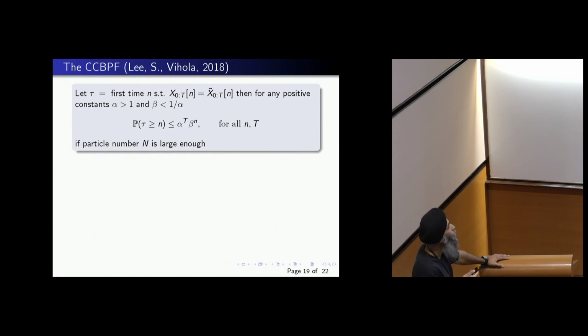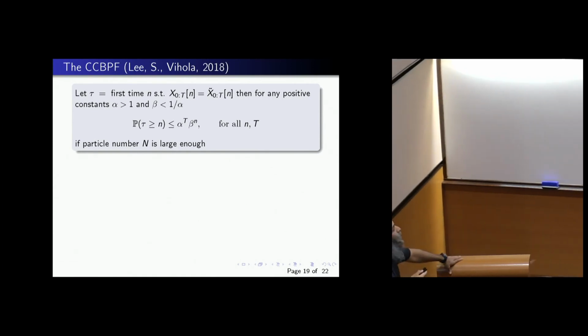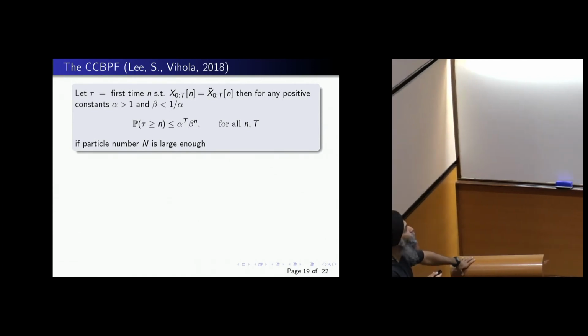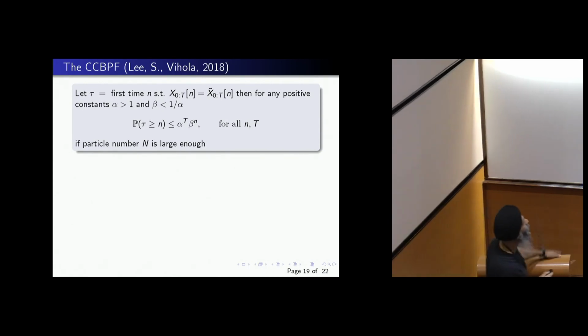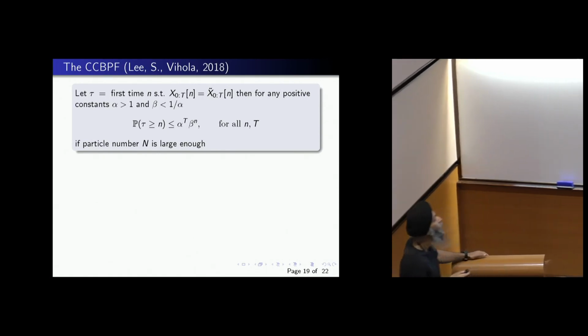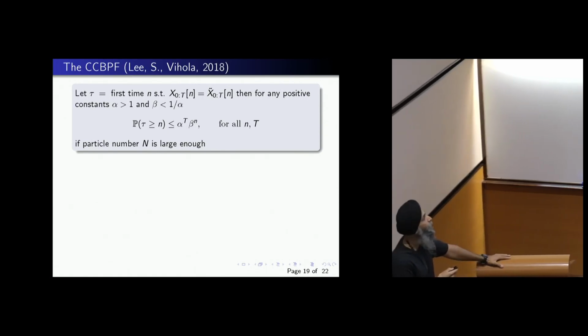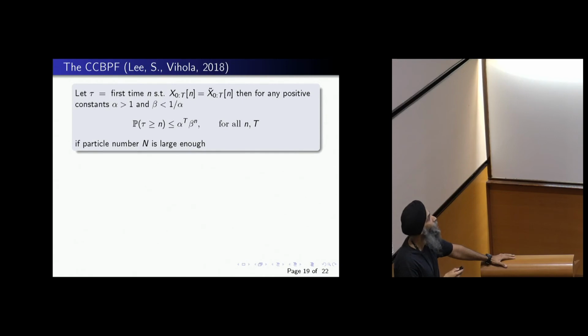It decays geometrically, okay? And the point to be made here, how these results should be read, is that irrespective of the length of the time series you're trying to couple, provided your particle number n is large enough, there are some constants alpha and beta, where beta is less than 1, such that the tails of the coupling time decay as follows.